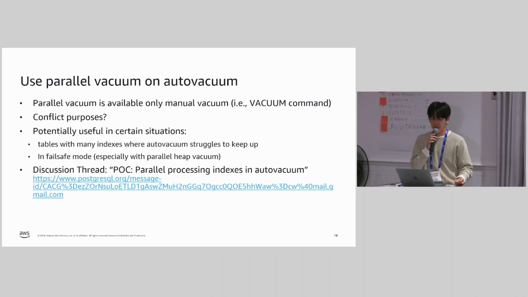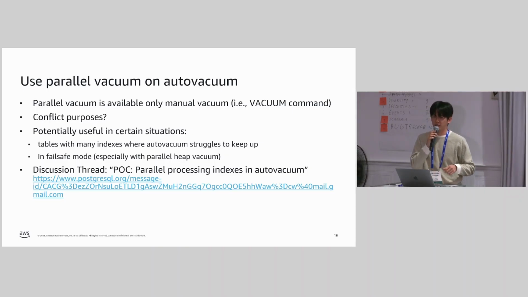At a glance, the purposes seem to conflict, because parallel vacuum is meant to speed up vacuum while using more resources, whereas autovacuum is designed to vacuum tables with minimal impact on foreground transaction processing.